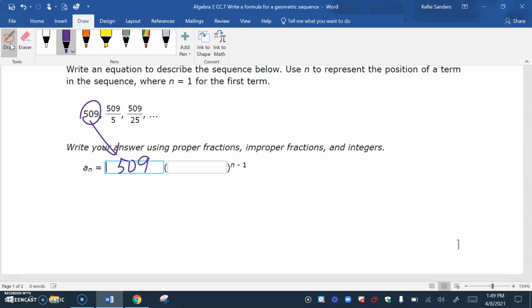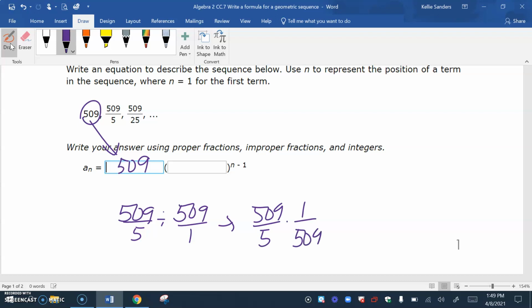509 over 5, and whenever I've been dividing by the left, which means 509 over 5 times 1 over 509, and those will cancel out, and it's 1 over 5. Now listen to me carefully.